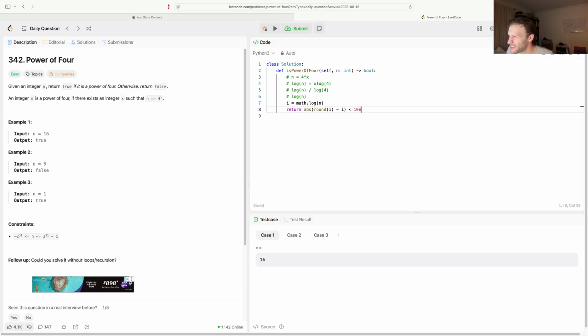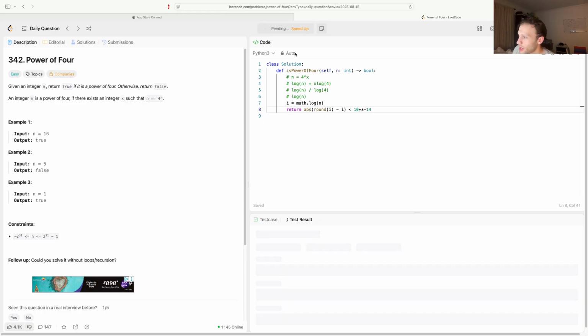Oh, I forget how to do this. It's like that, maybe? Is it less than 10 to the negative 14? So essentially, is it barely off? If the difference between the two is super small, return true.